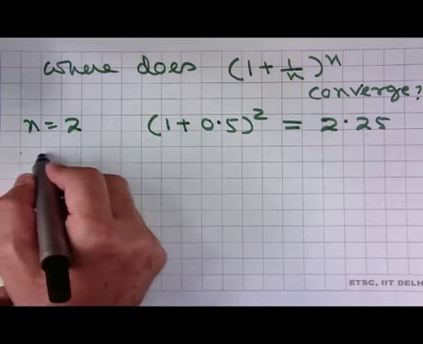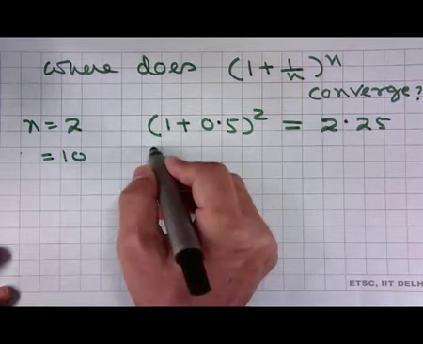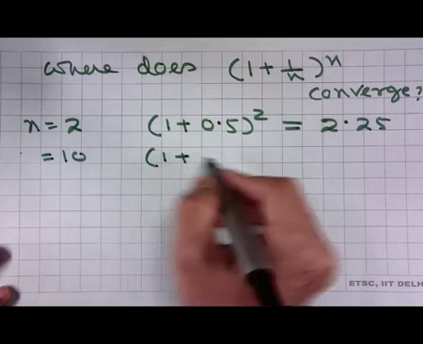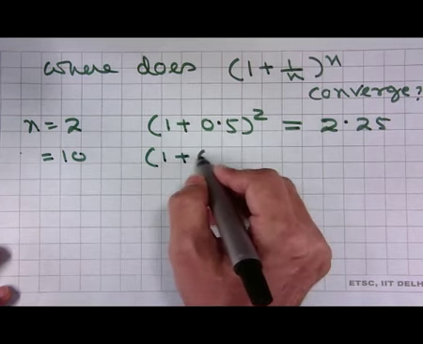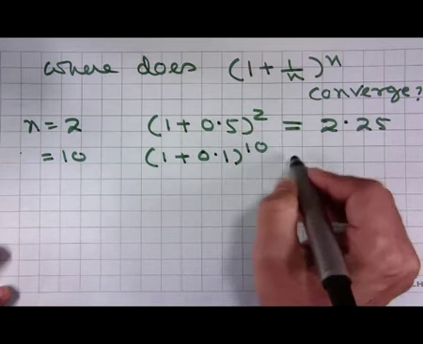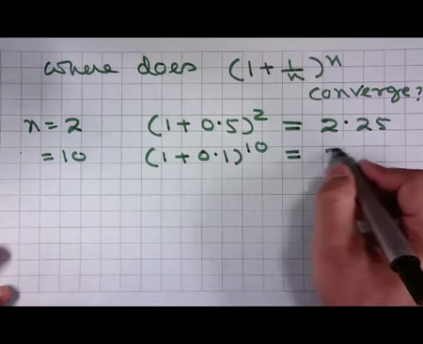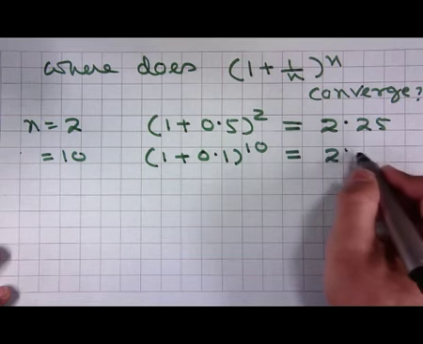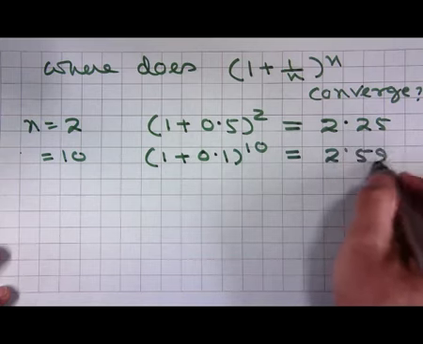At n is equal to 10, this is 1 plus 0.1 whole to the power 10, which is going to be roughly 2.594.